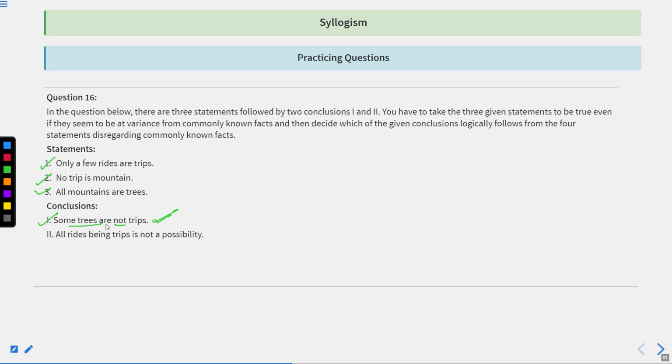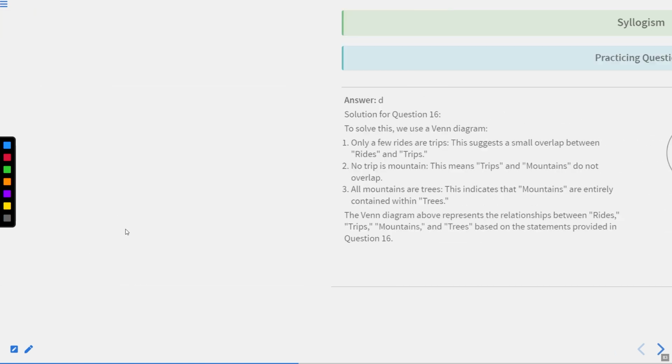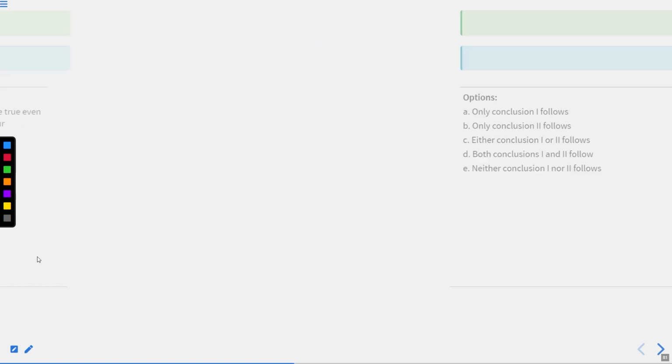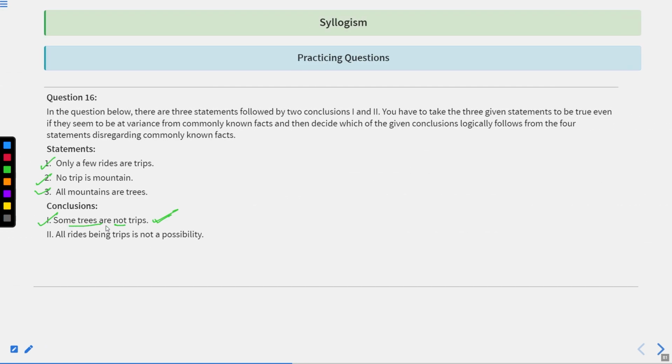If the conclusion had said some trees are trips, it would not have followed, because the Venn diagram and the statements suggest there is no relation between trees and trips. But here the conclusion says, I'm so sorry, some trees are not trips. Therefore, this conclusion is correct.